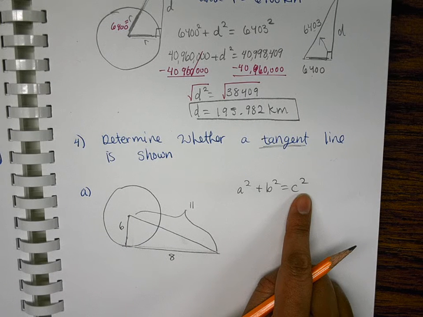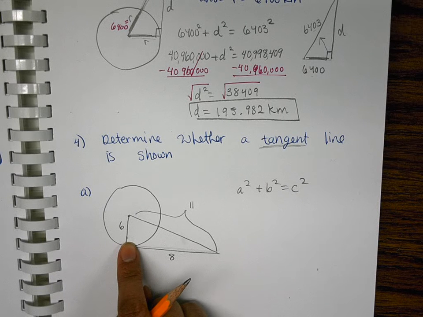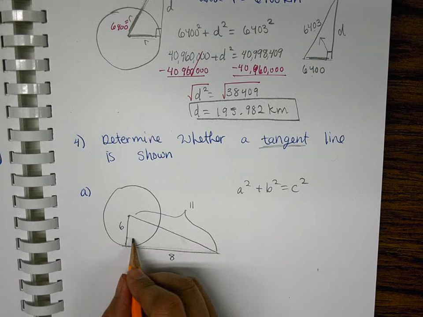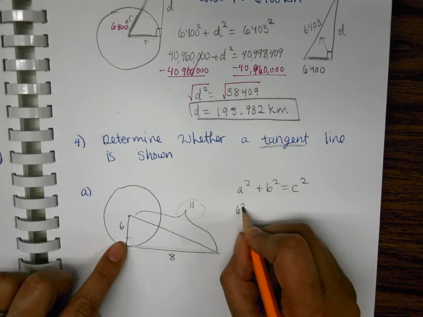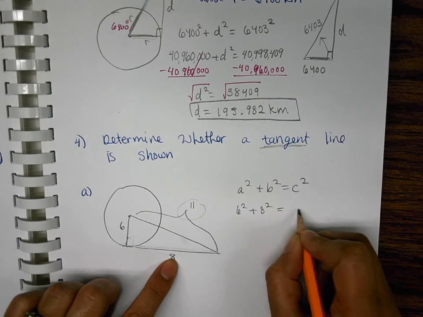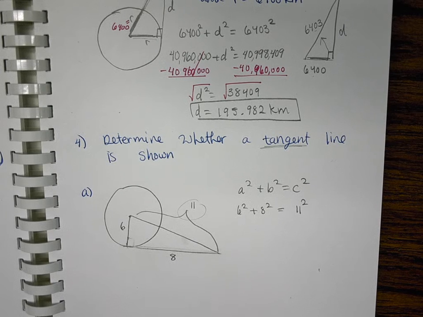All right, how do I know where A, B, C? C is always the biggest, and it's always opposite the 90. Now, we don't know if this is 90 yet or not, but if this is the tangent line, this is where the 90 would go. So 11's the possible hypotenuse. So 6 squared plus 8 squared equals 11 squared.